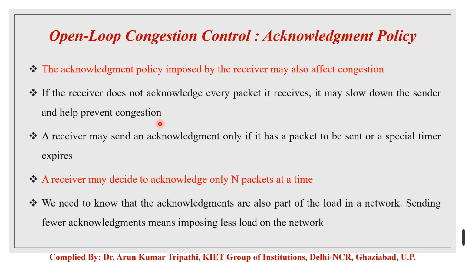If I get an acknowledgement for the 8th packet, that means 7 packets have been successfully received at the destination. So I am not sending an acknowledgement for each individual packet. The receiver will send a single acknowledgement that has a particular acknowledgement number.